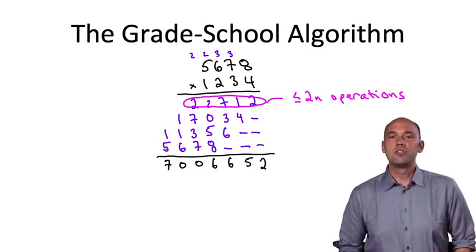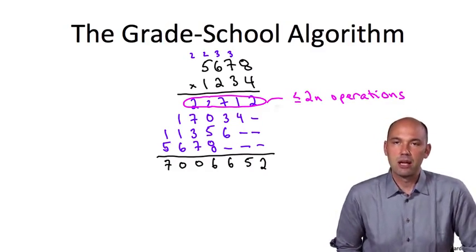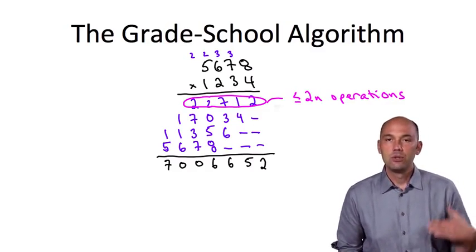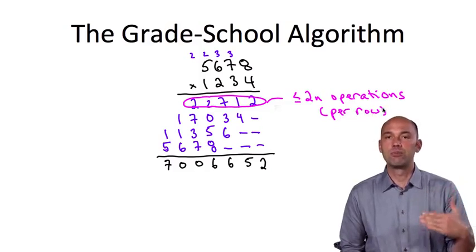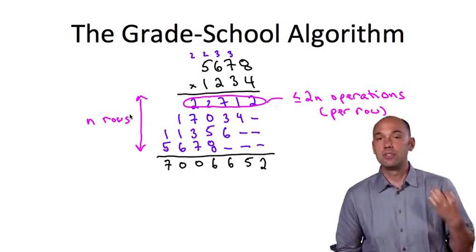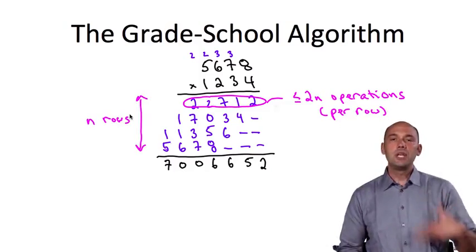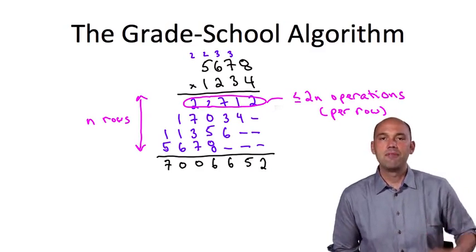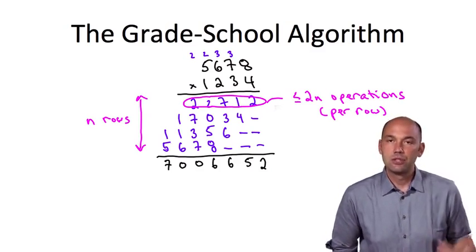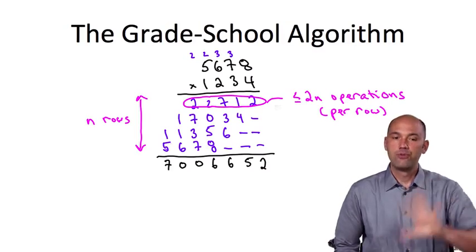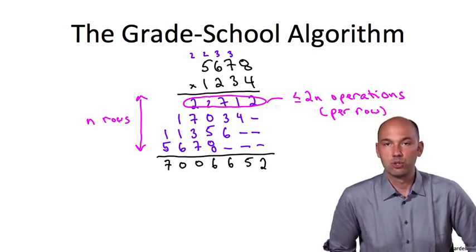And if you think about it, there's nothing special about the first partial product. The same argument says that we need at most 2n operations to form each of the partial products, of which there are again n, 1 for each digit of the second number. Well, if we need at most 2n operations to compute each partial product, and we have n partial products, that's a total of at most 2n squared operations to form all of these blue numbers, all of the partial products.